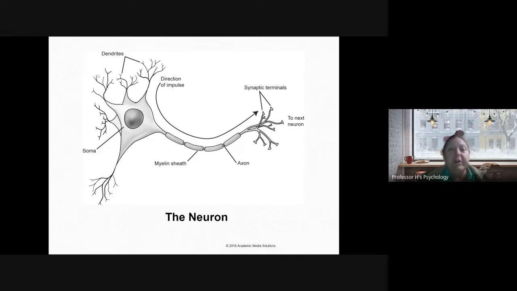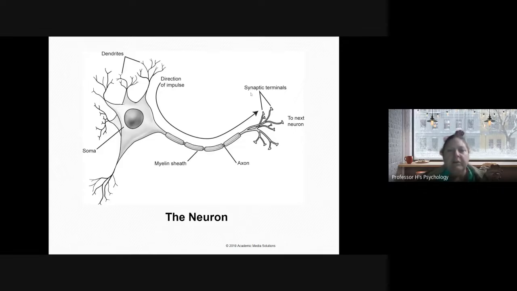When enough of them are stimulated, it changes the voltage of this cell, because we are creatures that have electrical voltage within us, believe it or not. When it gets to a certain level, the neuron will send a signal down the axon to the synaptic terminals, where it can then release its own neurotransmitter downstream.